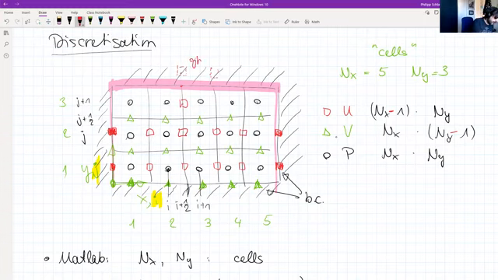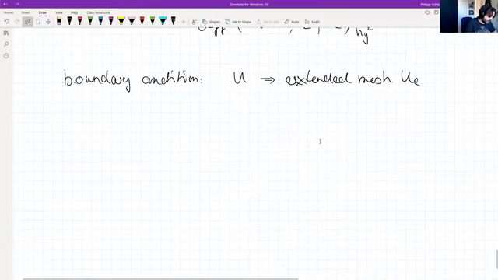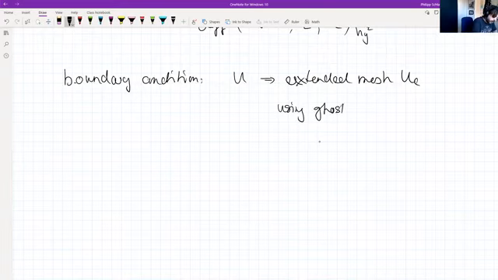So this is then what is called a ghost point, as also indicated in the manual. I can maybe write it down. So extended mesh using ghost points.